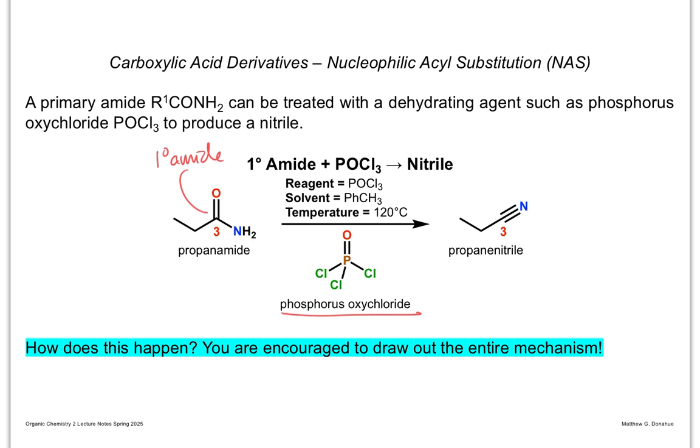Oxygen and hydrogen are gone. Your nitrogen's still there. So let me highlight. That carbon is this carbon. If you look at the N, that's H2, then the carbonyl oxygen is O. So really what's happening is a dehydration.